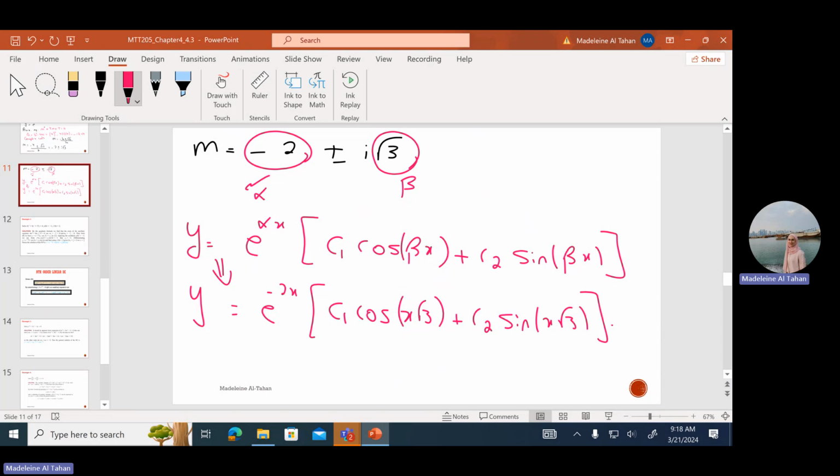Do we have any questions so far? This is second order. But if we go back to our objectives, it wasn't about just second order. We need also to deal with third order, fourth order, and so on. It will be the same method.